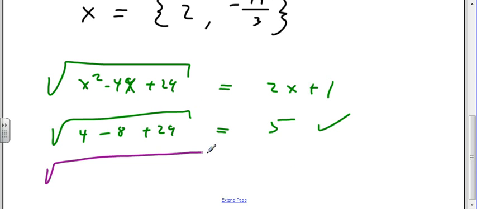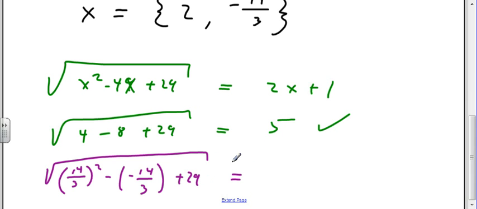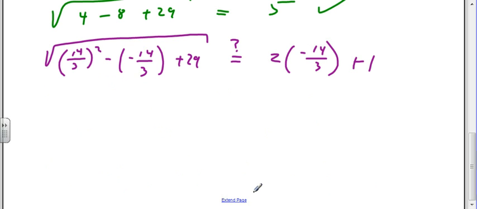Now this 14 over 3, minus 14 over 3. All right, so I got the square root of 14 over 3 squared minus 14 over 3 plus 29 is supposed to equal 2 times minus 14 over 3 plus 1. Isn't that convenient? All right, so this is square root of, anybody know what 14 squared is? Well, we'll just leave it that way.